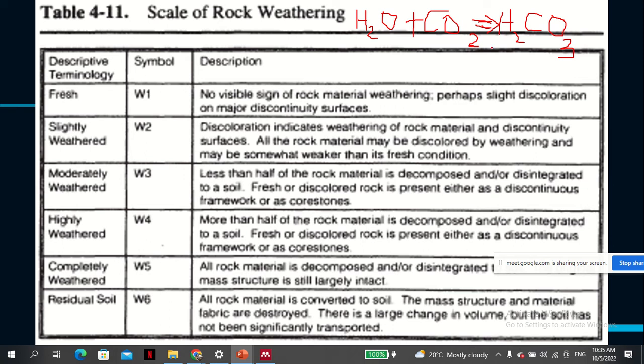So when acidic rain encounters the limestone, basically calcium carbonate, we get calcium oxide plus water plus carbon dioxide.